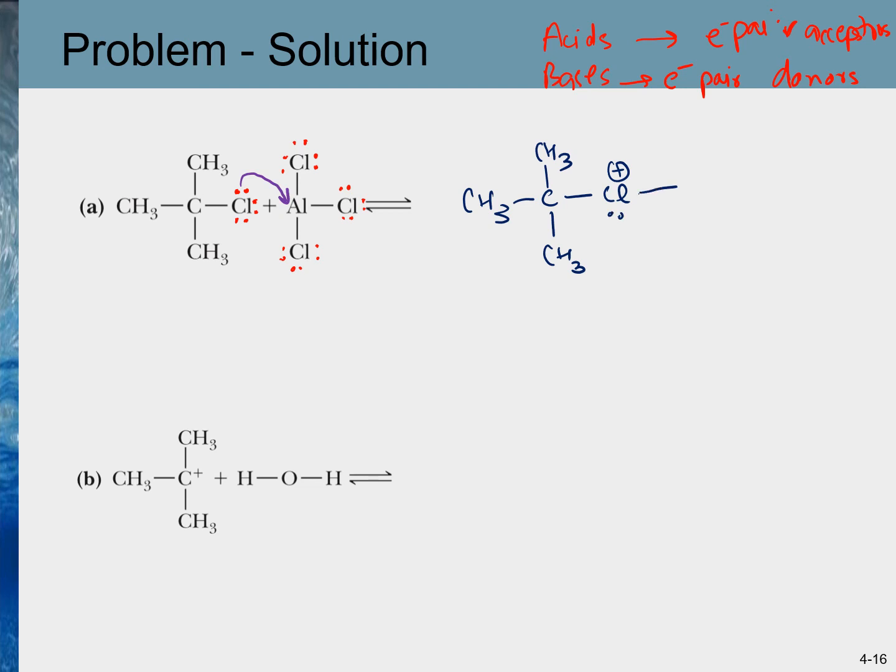And because chlorine has lost its lone pair, chlorine will get a positive charge and aluminum will get a negative charge because it has gained 1 extra electron.